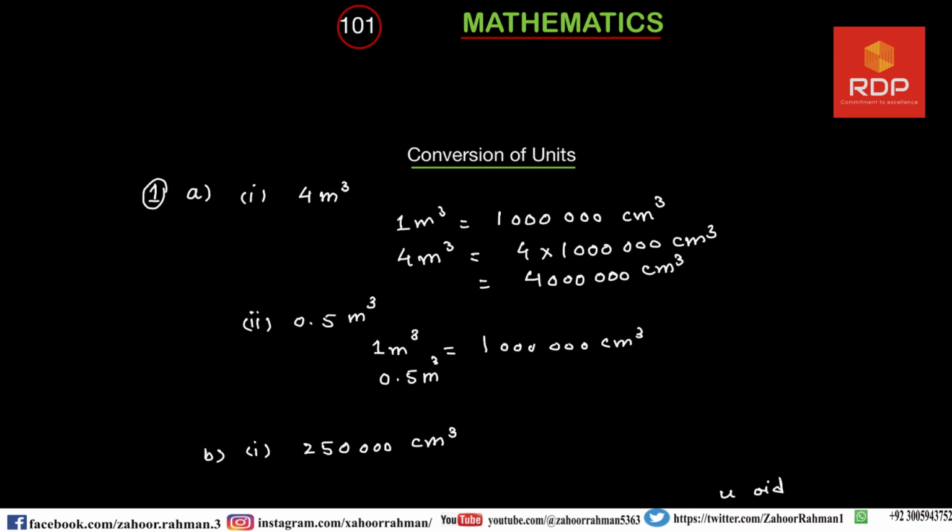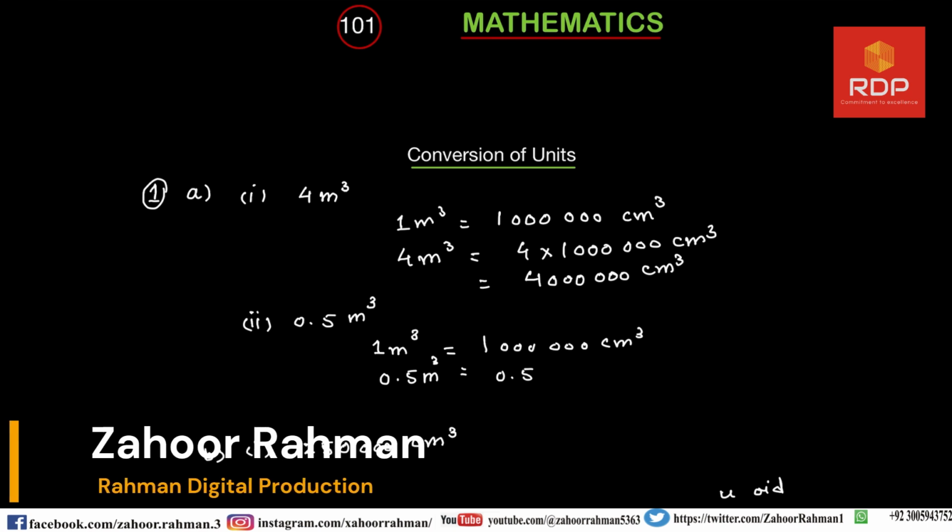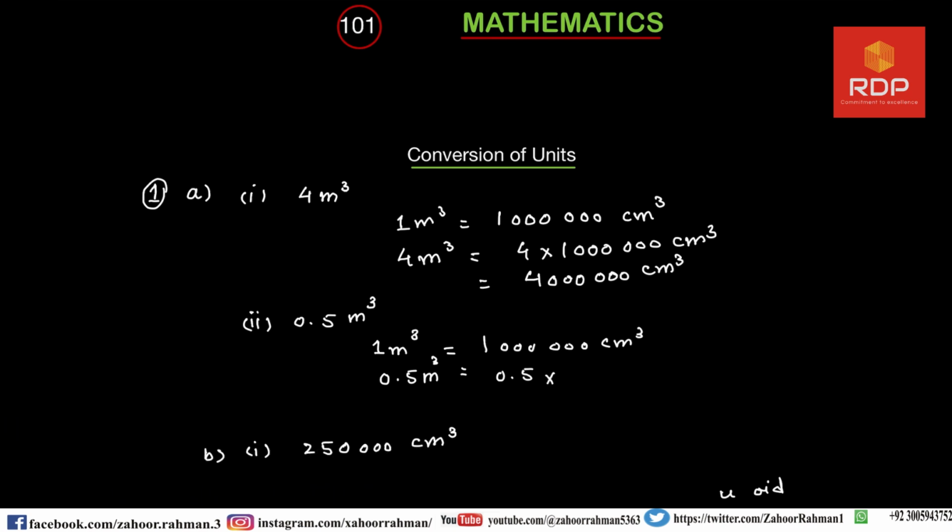Half of the meter cube will be equal to, we have to simply multiply 1 million centimeter cube with 0.5 or divide it by 2. Both will give you 500,000 centimeter cube, which is half a million.